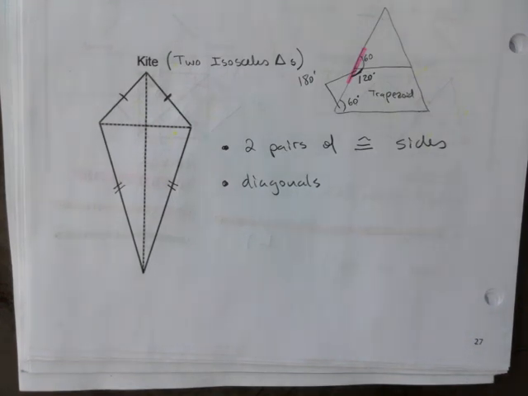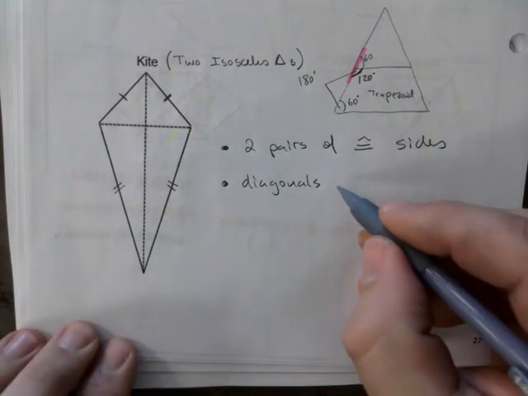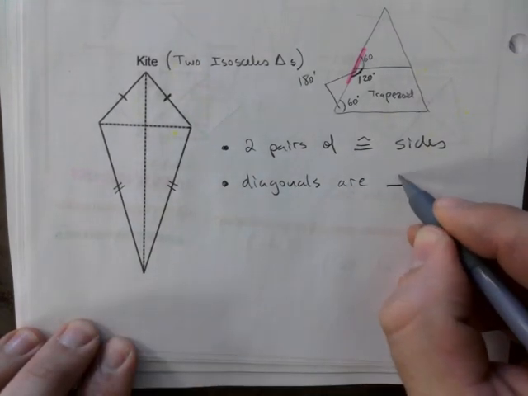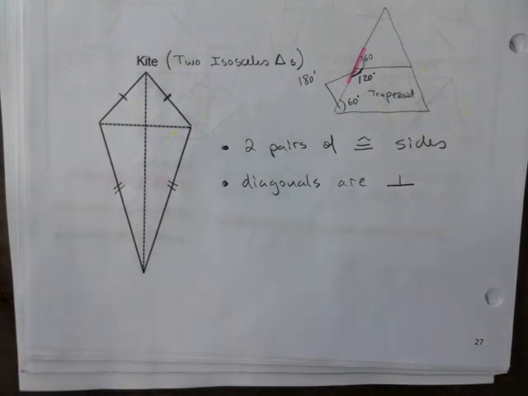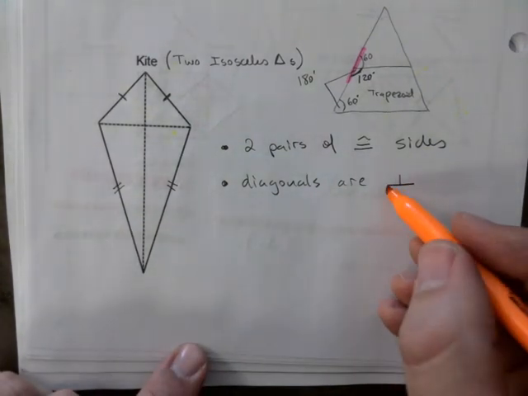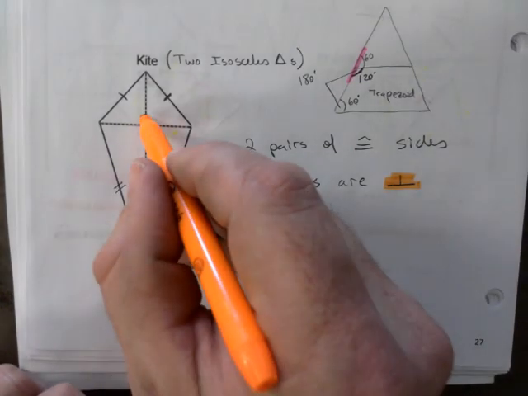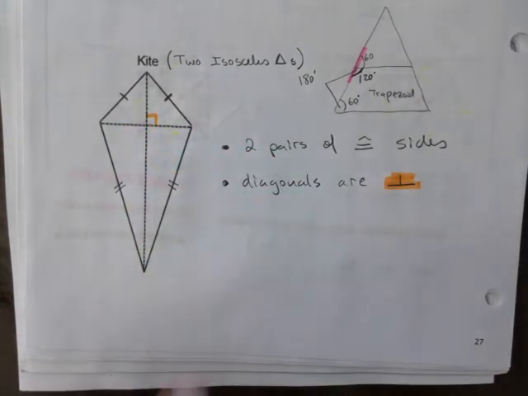Does one of them bisect? Diagonals are perpendicular. Okay, they meet at a 90. I used orange for that, I think. So you can go ahead and add the 90 there. It's 90 all around, right?